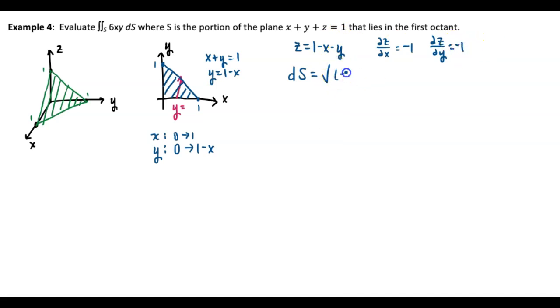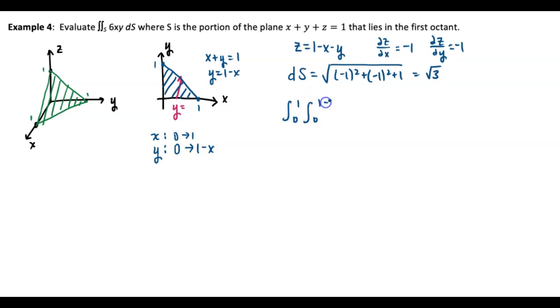And so I've got -1 squared plus -1 squared plus 1, which is just going to be the square root of 3. So that's our dS.